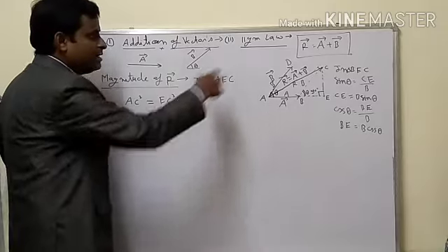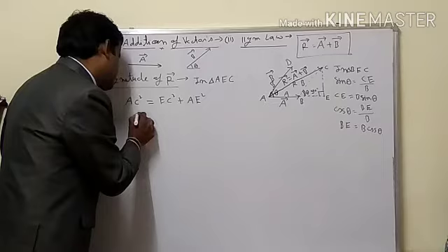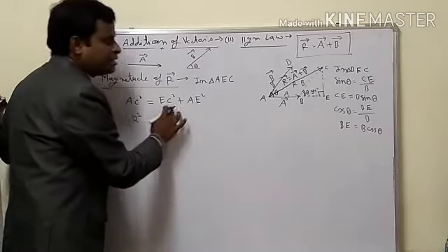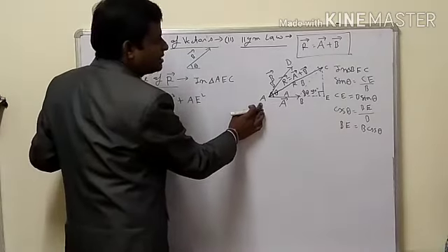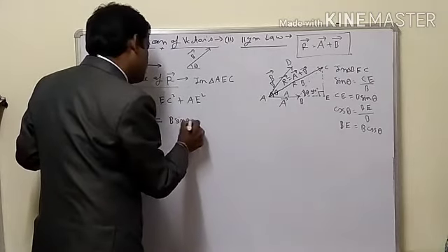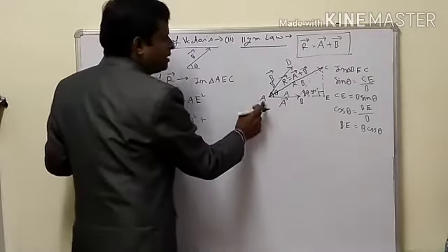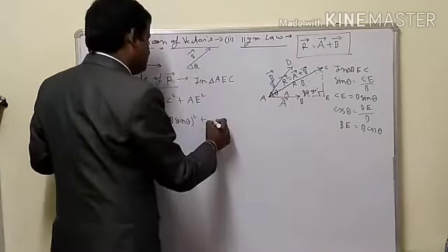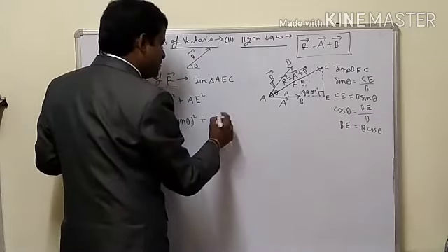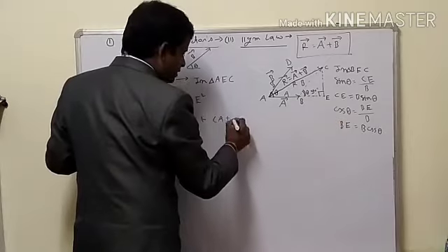You know that AC is what? R, the magnitude of R vector. So it will become R square. EC, you know that EC is what? B sin theta. So it will become B sin theta whole square. AE is what? AE is AB plus BE. AB is A, and BE is B cos theta.